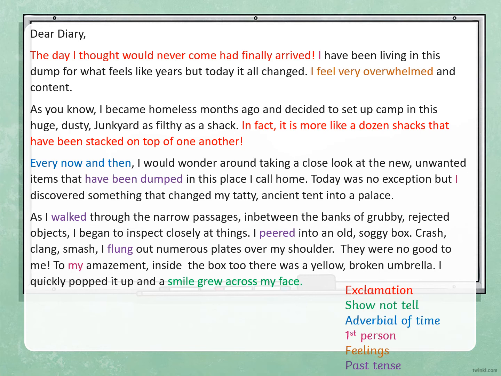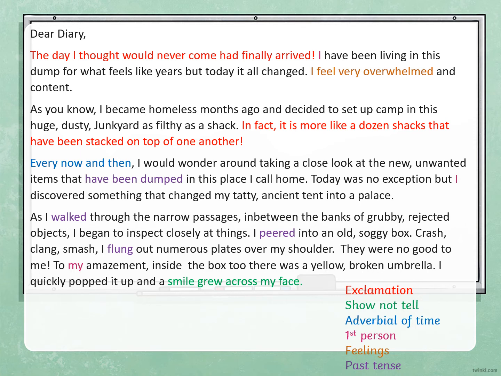I have gone back through looking at our steps to success, some of the things that I would like you to include in your diary, and I have highlighted in the same colours where you will find it in mine. So I'd just like you to have a look at where I have managed to fit in our steps to success within my work.